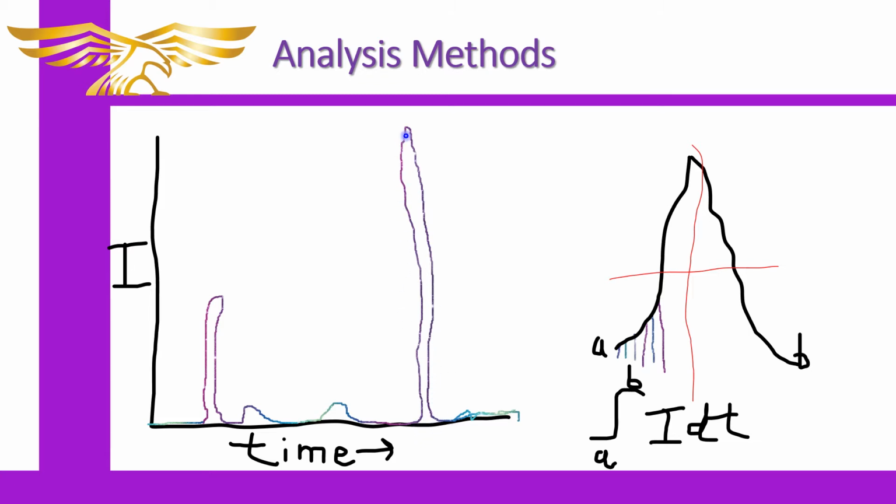And I actually drew this for a specific reason. This is one of the more common GC printouts that I see with students, and there are experiments where you'll have some of the products you wanted to make, but you also have quite a bit of unreacted alcohol that's still in the sample.